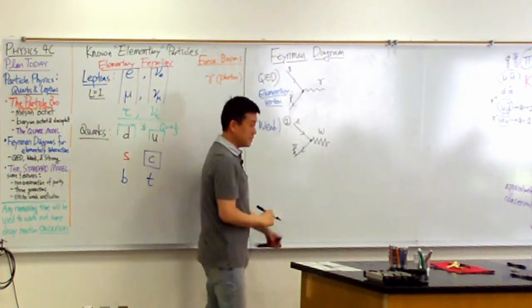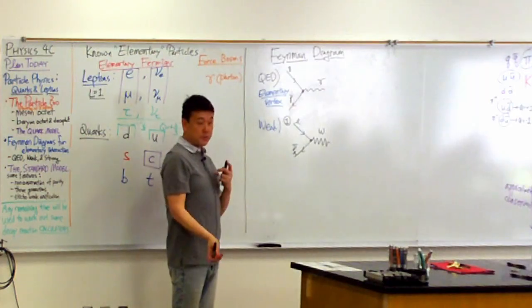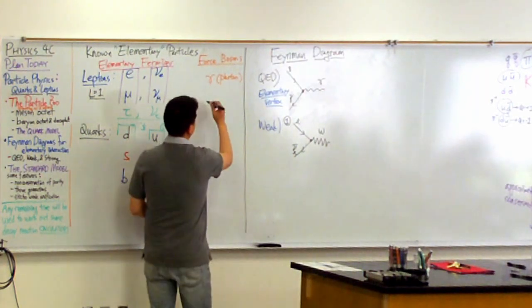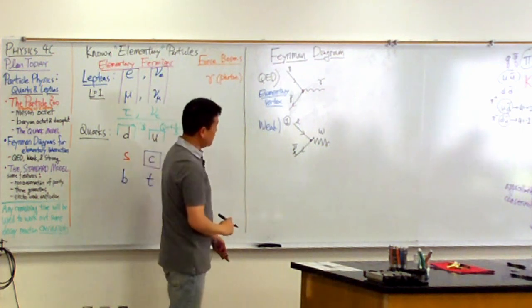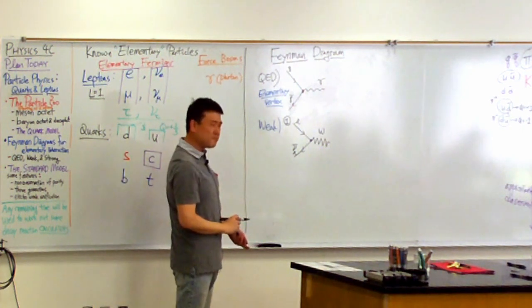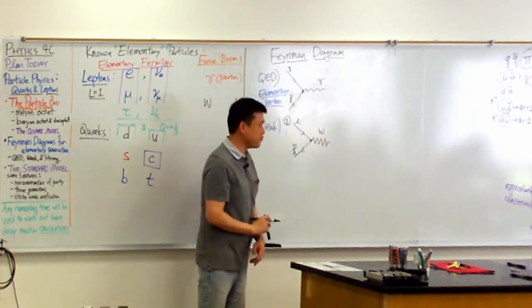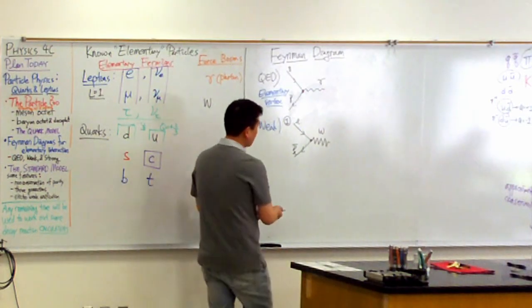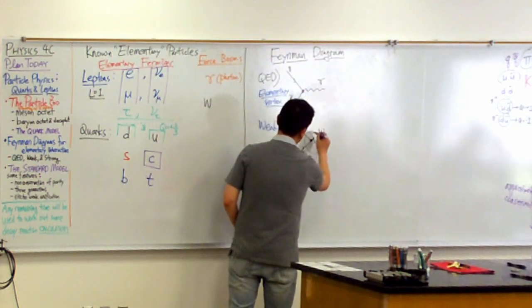a W boson. This is one of the force mediator particles involved in the weak interaction. So let me start to add them. W boson. What are some properties of this W boson that you can infer just from the fact that all the conservation laws must hold here?